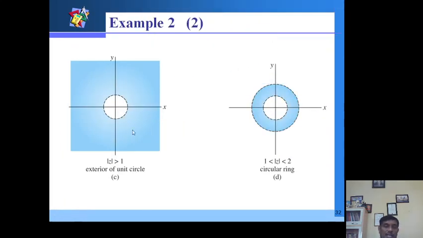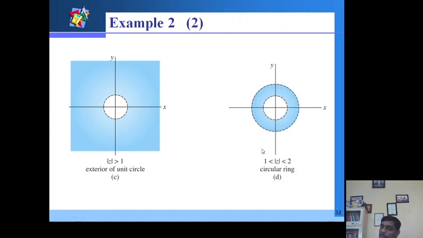And these are the interior and exterior of a circle. Inside this circle, the points are the interior of the unit circle, because |z| < 1 means interior only. |z| > 1 means the points are outside, which is known as the exterior of the unit circle.